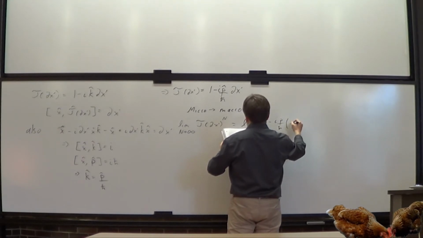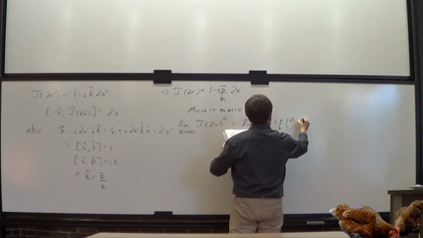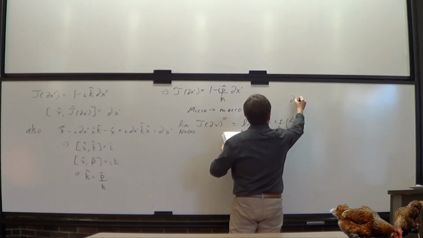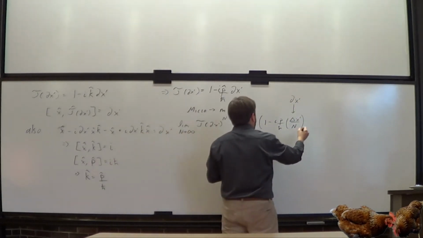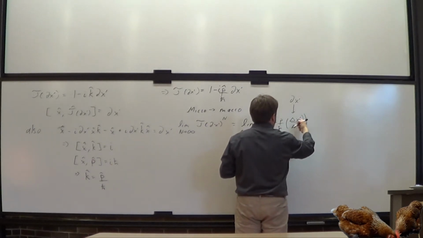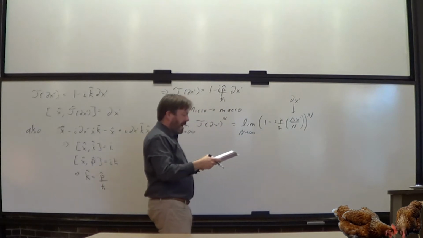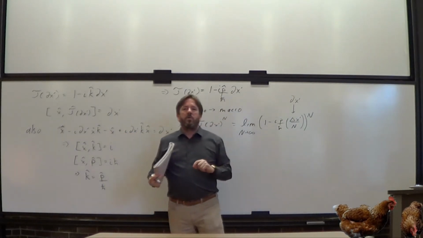Now what you can do is replace the partial of x with a more macroscopic amount divided by n, some number over infinity, again, the n. Okay, now with this, you can start multiplying it out.